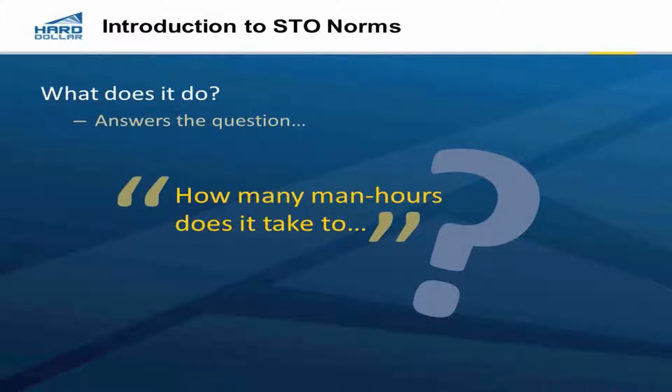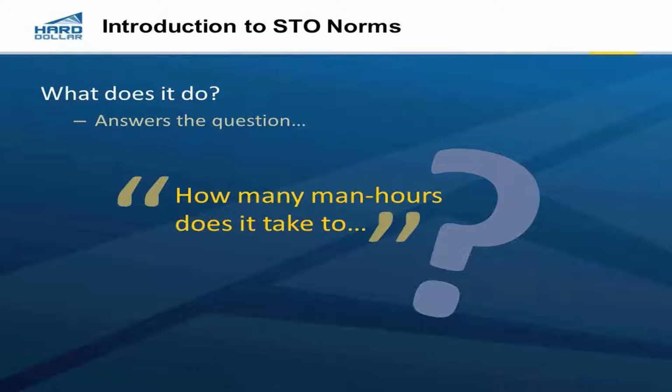So at the heart of the matter, what does it do? The whole purpose of this STO norms database, STO being shutdown, turnaround, and outage, is to answer the question: how many man hours does it take to do something? The number of tasks and operations in a typical shutdown or turnaround project for a plant could number into the thousands, tens of thousands, or even hundreds of thousands.